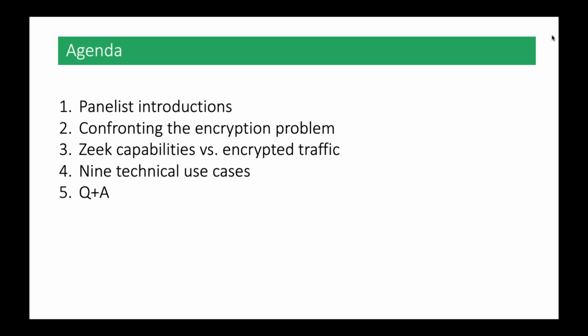We'll be talking then about Zeek, which is an open source network security monitoring framework, and Greg will be diving into Zeek's capabilities around encrypted traffic visibility and analysis. And then we'll be looking at some use cases that Matt will go through in great detail that will provide you specific examples of the data that Zeek generates around encrypted traffic and how you can use it to solve tactical problems in your organization. And then lastly, we'll try to save 5 to 10 minutes for questions and answers.